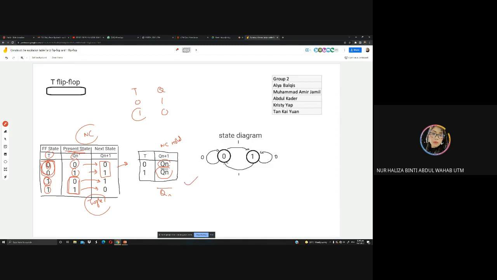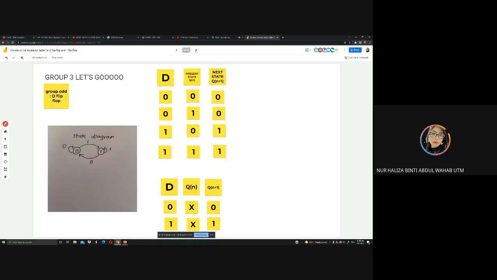So 0 to 0 is going to be 0. Yes, correct. 0 to 1 is going to be 1. 1 to 1 is going to be 0 and 1 to 0 is going to be 1. So correct here. I hope that all of you understand.